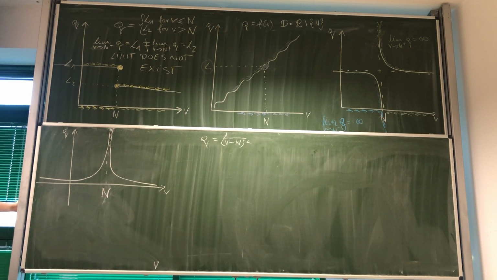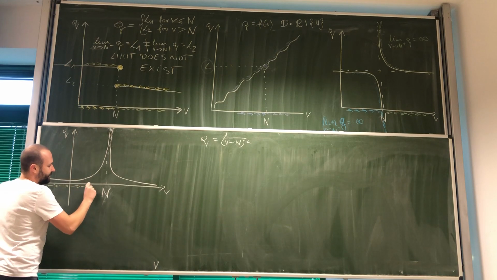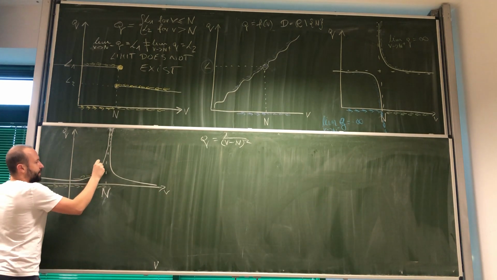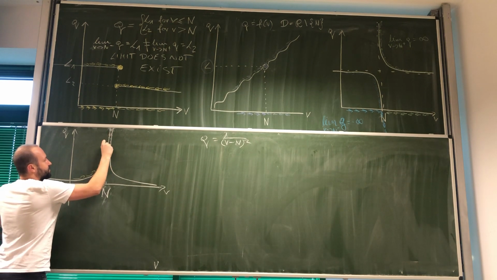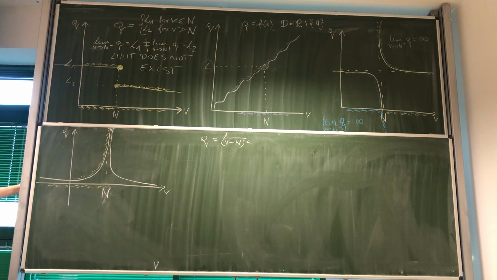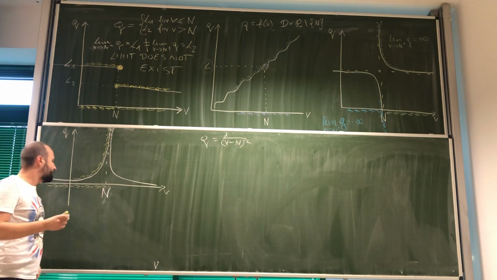Okay, and let's evaluate the limit over here. So we see that if I'm getting closer and closer to n from the left side, the values of the function are getting bigger and bigger and bigger. So we can see that the limit here would be positive infinity.